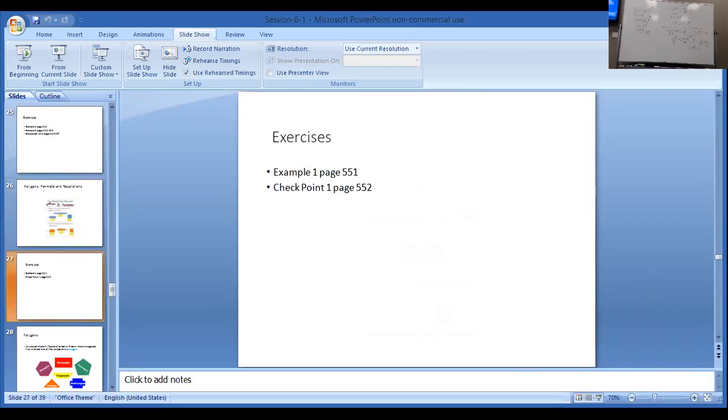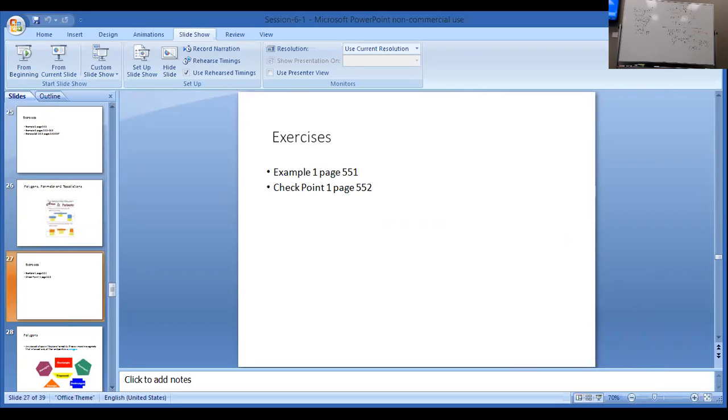Let's look at example 1 on page 551. Okay, it says we have a rectangular field, discussed previously, that has a length of 42 yards and a width of 28 yards. They want to put a fence around it.